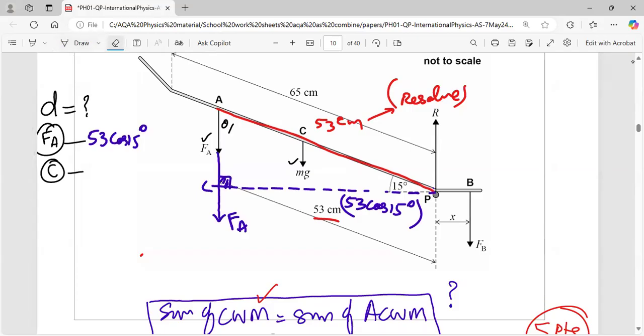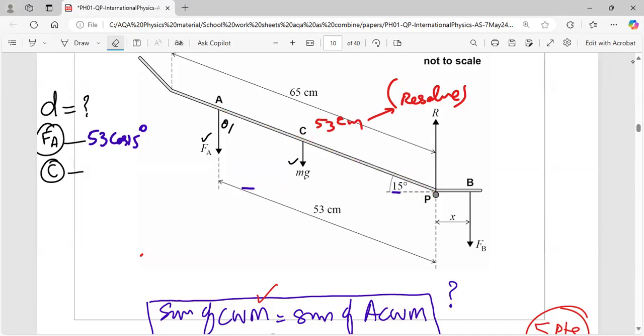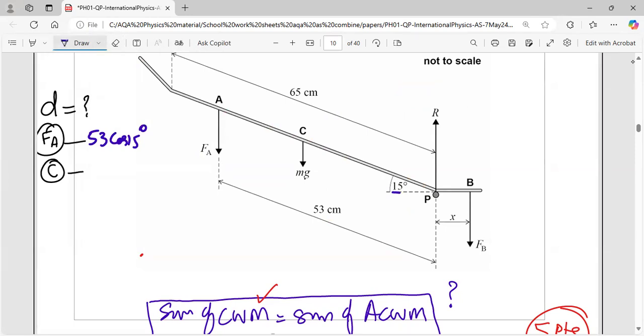And now, similarly, I have to do this again. I'm going to erase this so that you can understand the other calculation as well. So the other thing is you have to look for the distance of the center of gravity. Okay, if you look at the center of gravity, this is total 65.